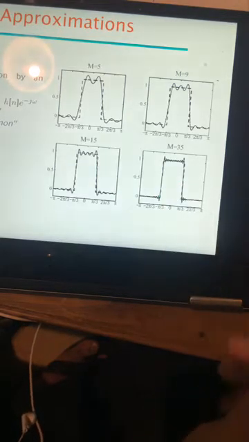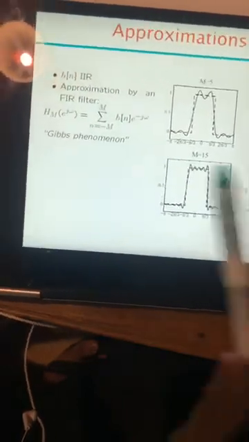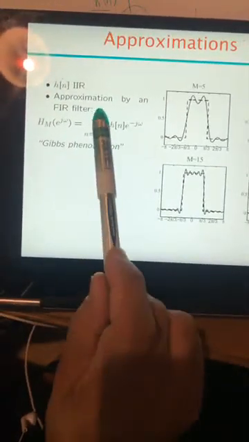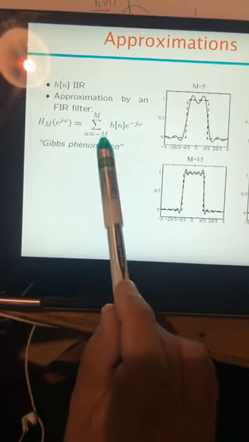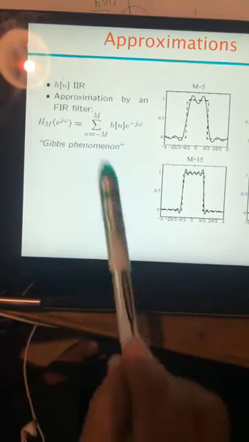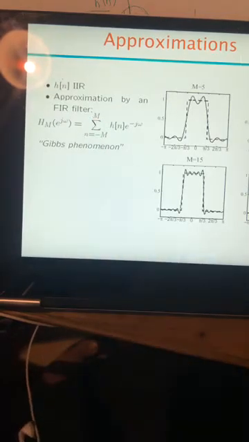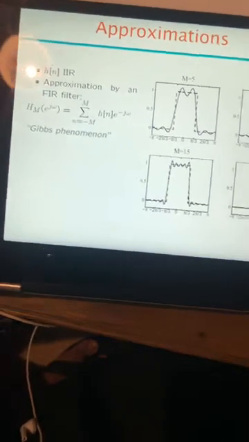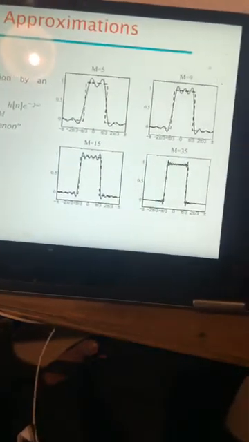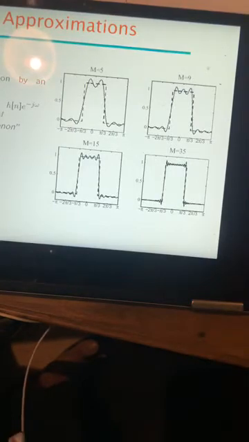So this summation, which otherwise was running from minus infinity to infinity, now runs from minus m to m, and this is the compromise. And by doing this, you are making it a finite impulse response system, because now the impulse response does not have infinite length.